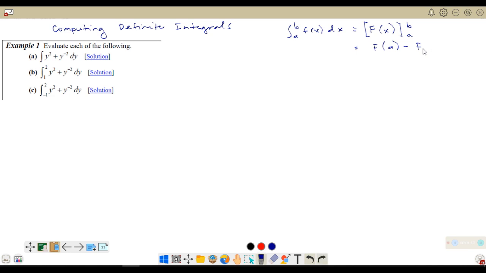Teka, baligtad ako. Upper limit is b, minus F of a. Sorry, nagpanik ako kaagad. Actually, that is upper limit muna minus the lower limit.